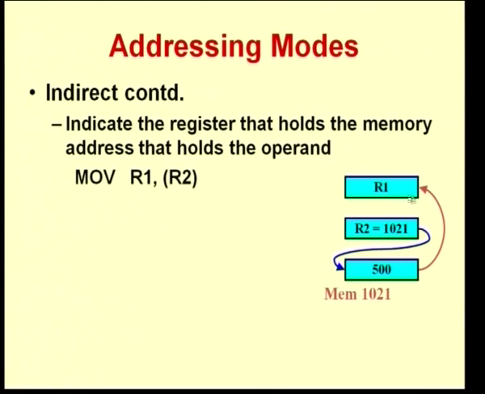I look at the contents of R2. Let us say the contents of R2 have a value 1021. This 1021 is the address of a memory location which has the data. I pick up this memory address from the register R2, and the data in that memory location, let us say, is 500. This 500 will be the value moved into the register R1. This is what happens with a register based indirect addressing mode.